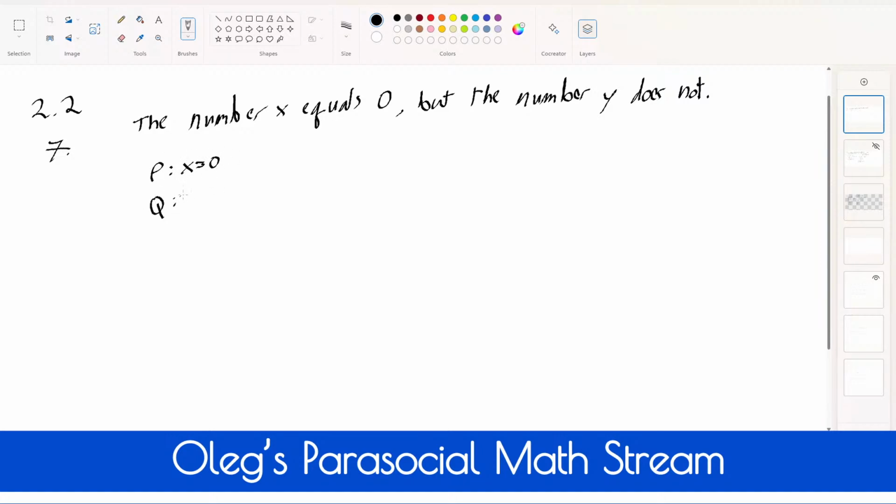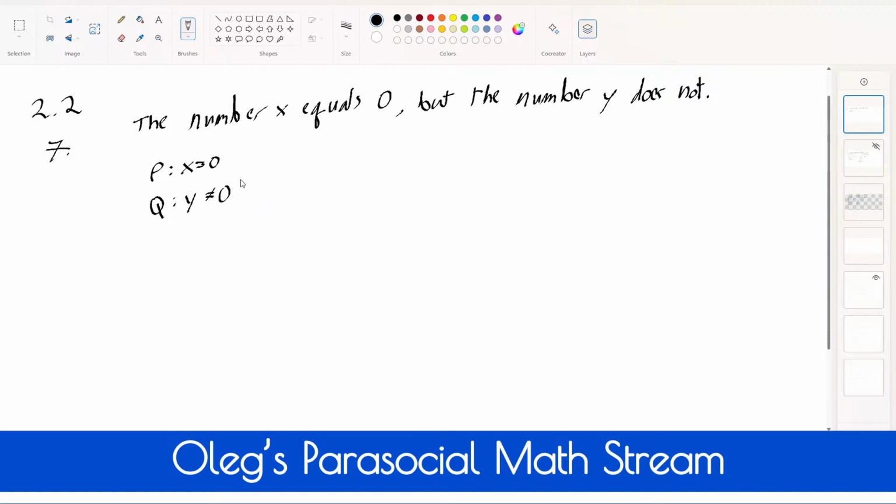Q such that y does not equal 0. Okay? All right, so the number x, but the number y does not.